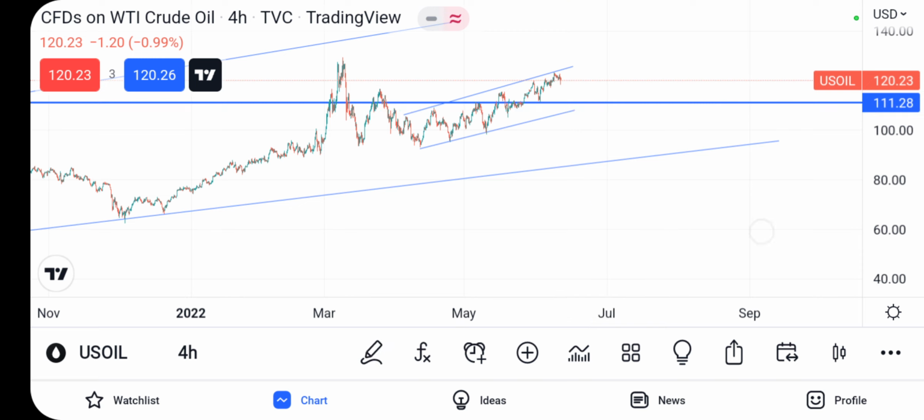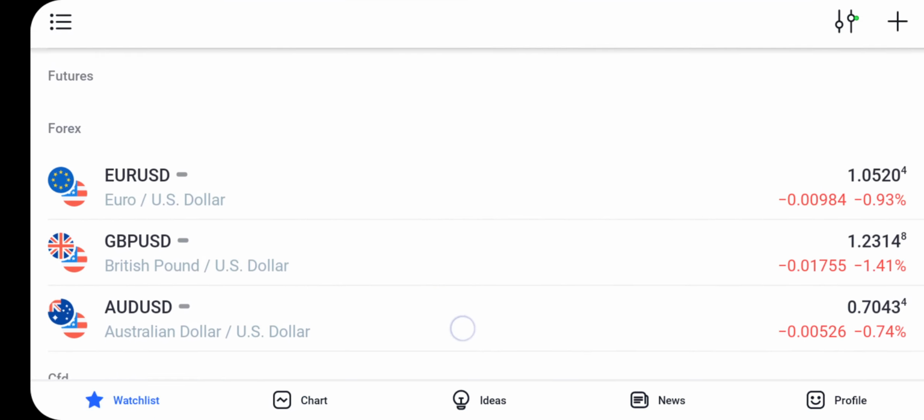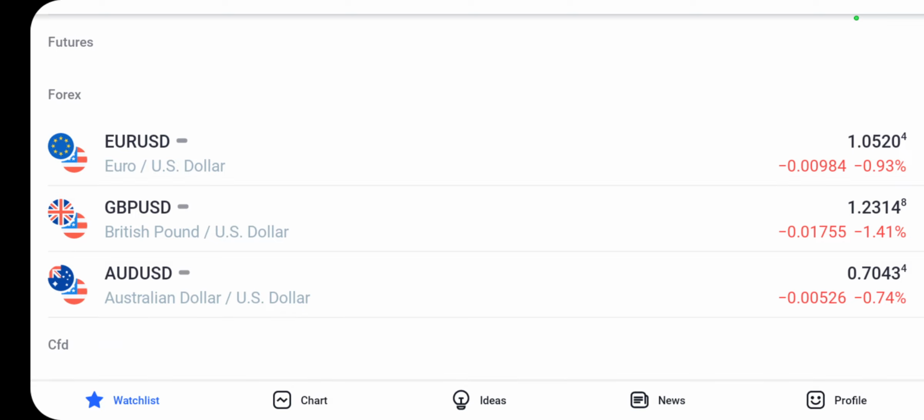I will wait for oil to break down this structure and correct this side, and then I'll be able to take a sell to the downside. So that's it for oil. I don't have much for this coming week.